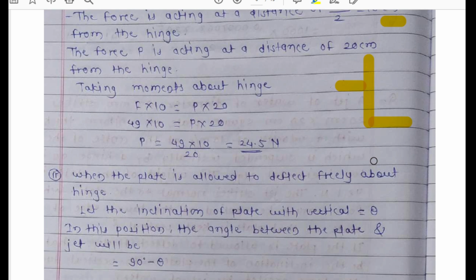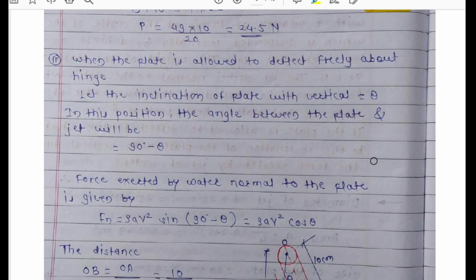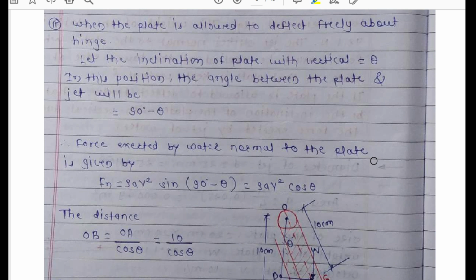Now the second question is, what will be the angle of swing if the plate is allowed to deflect freely about the hinge? That means this is your condition of the hinge plate. We have to find the value of sine theta.